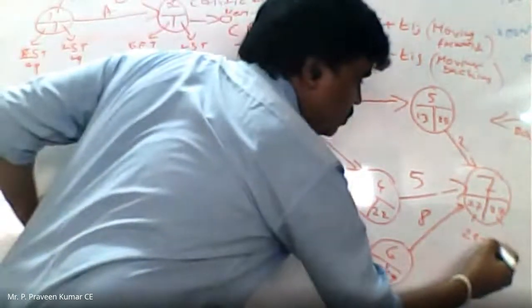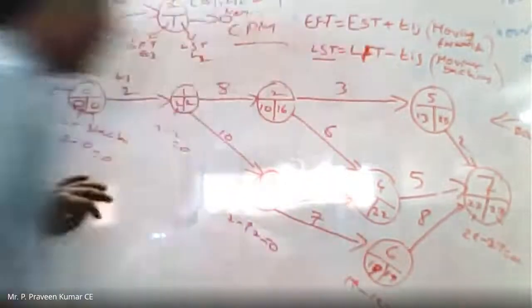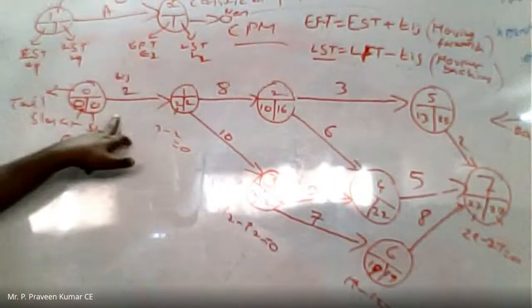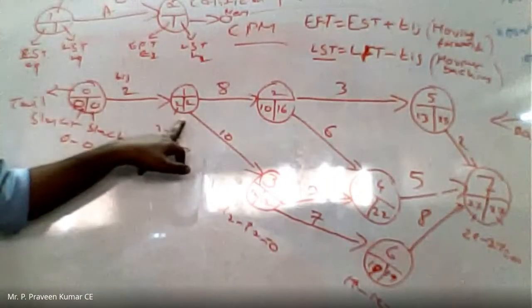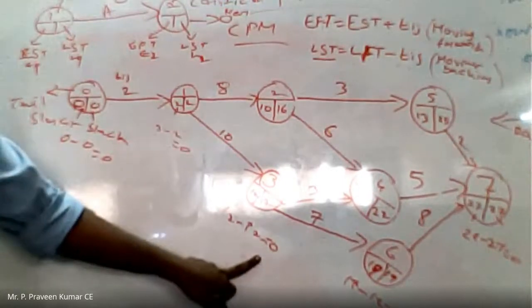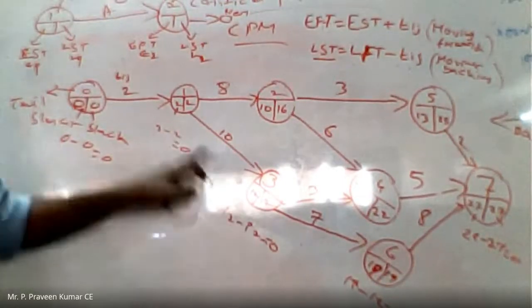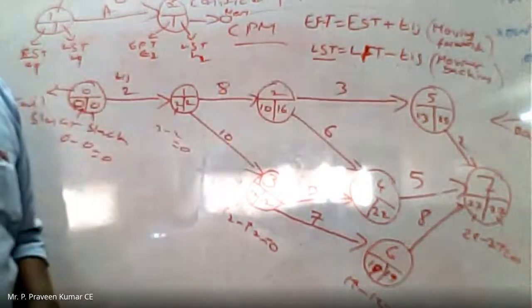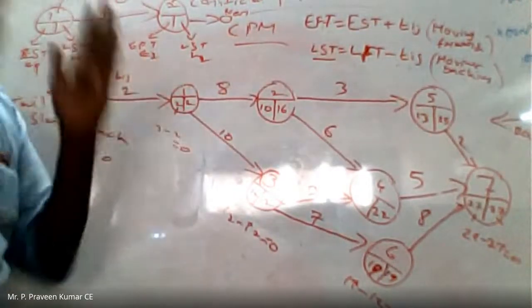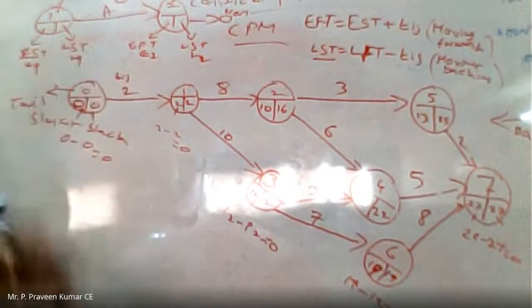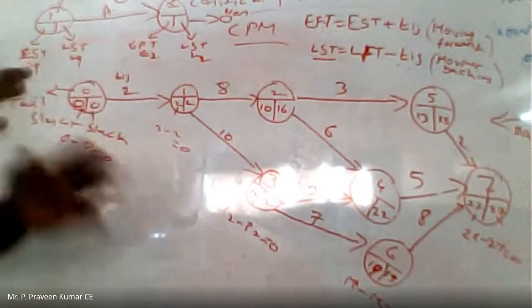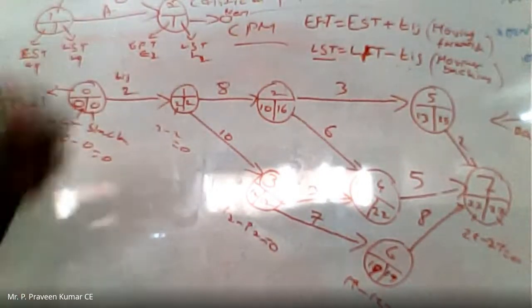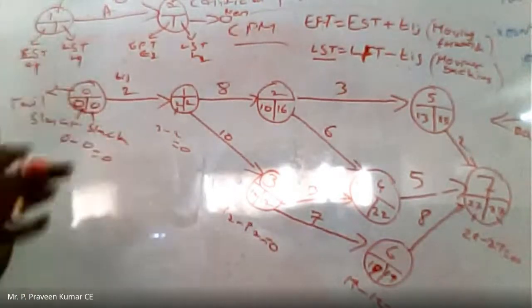Here 27 minus 27 gives 0. If you take the difference of these slacks, you will get the 0 value. If you do the same process for any other path, you will not get 0. The path on which you get the 0 value is considered the critical path method.